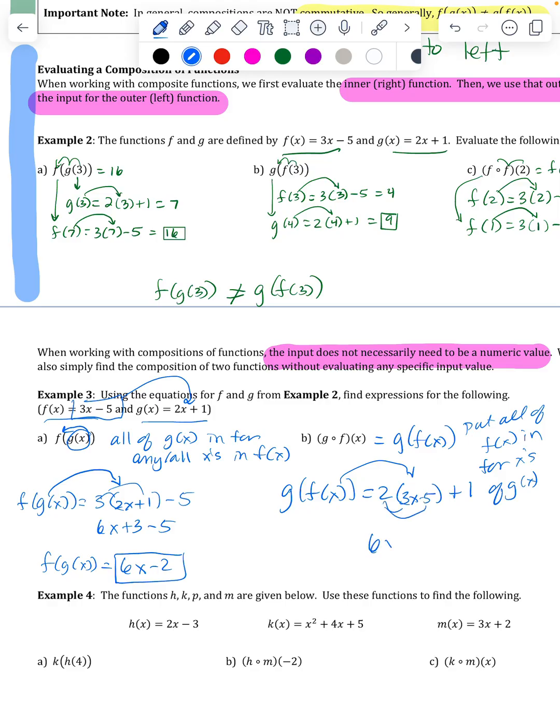So I'm going to distribute this, get that from my distribution, and then in the end, G of F of X is going to be 6X minus 9.